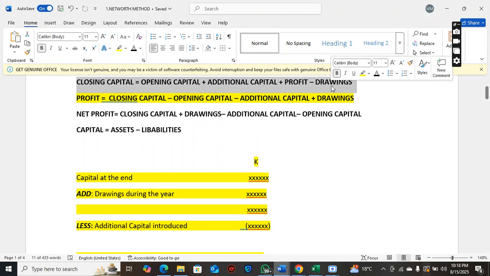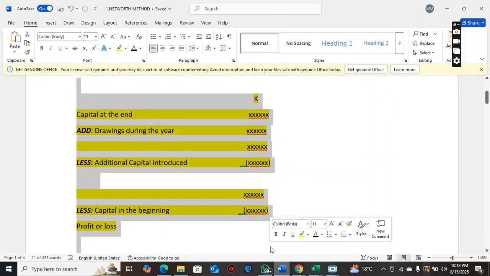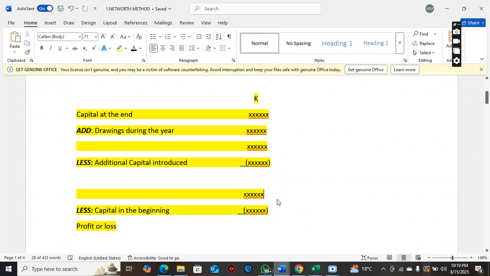Then, if you just make profit the subject of the formula, that's how you get this format. I wouldn't advise memorizing it. It would be kind of hard to memorize. So this is the format that we're going to use to calculate our profit.